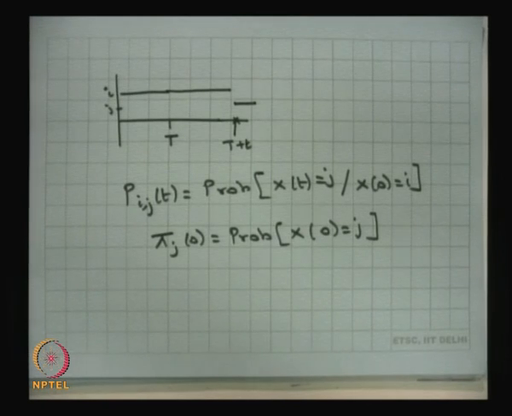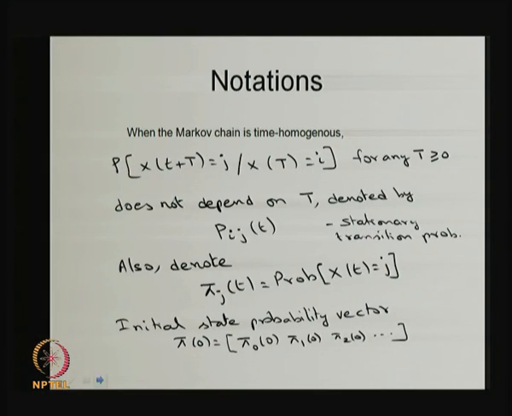With these entities you are framing the vector, that is pi naught. So we are giving three notations. One is the transition probability Pij of t, that is a conditional probability. The other one is the unconditional probability, pi j of t, and the initial state probability vector pi naught.